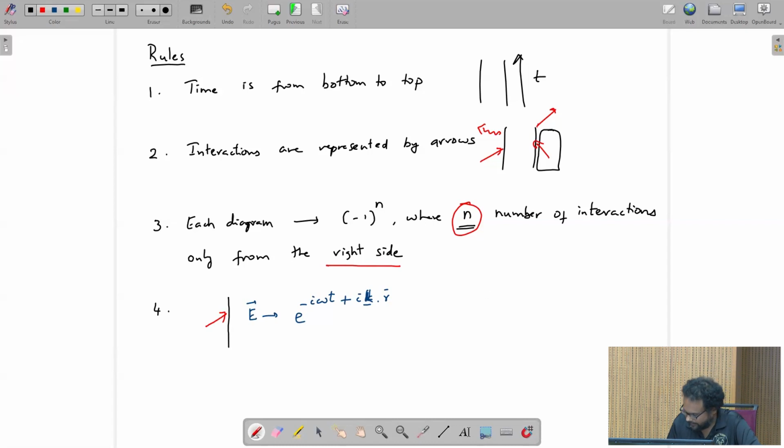If I had, on the other hand, an interaction coming from this direction, my electric field is e to the power plus i omega t minus i k dot r, minus k.